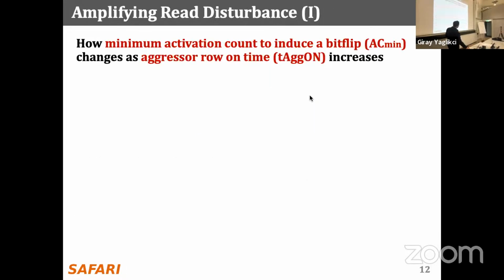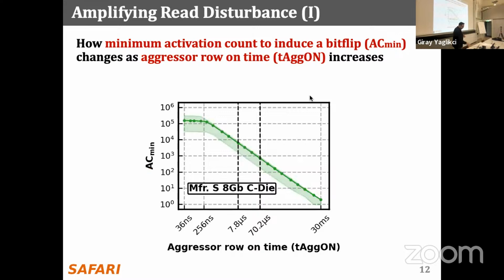Okay, so let's look into the first set of experiments that result in the first key takeaway. So now we check how the minimum activation count to induce the first bit flip changes as we keep rows open for a longer time. In this plot, this is pretty much the same organization as a lot of plots in this paper. On the x-axis we have the aggressor row on time.